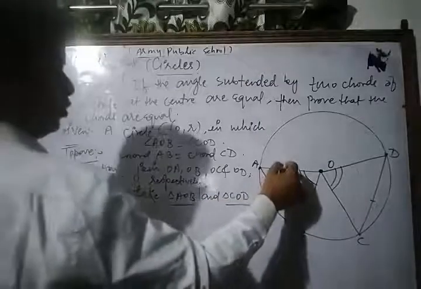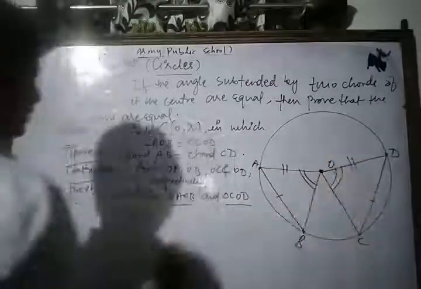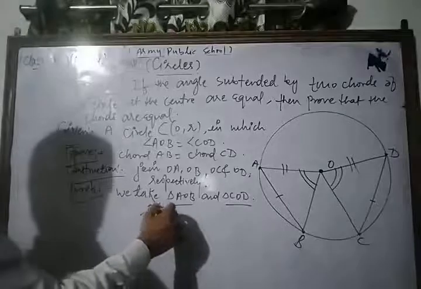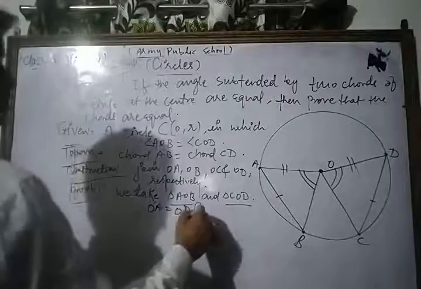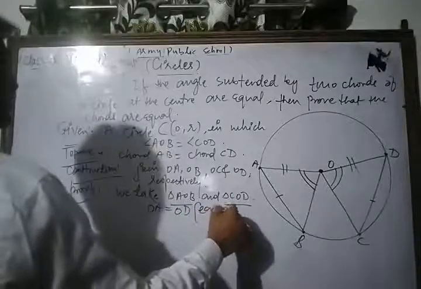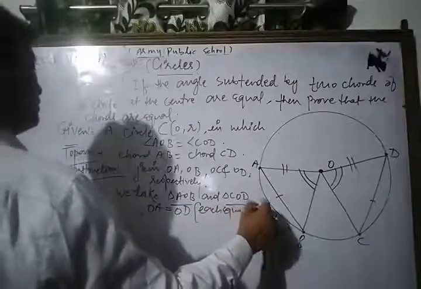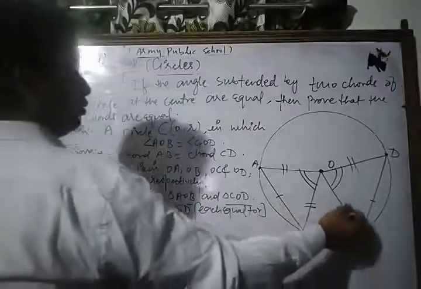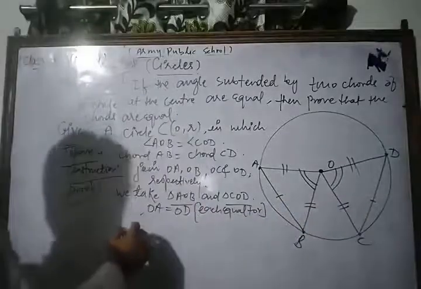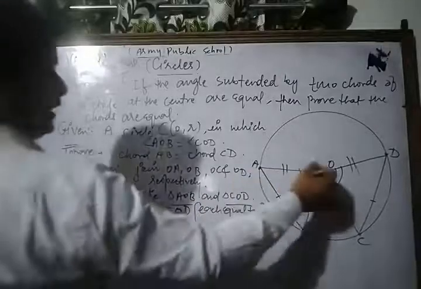Let's see. OA is equal to OD, because each is equal to radius R. OB is equal to OC. And first, angle AOB is the same as angle COD.